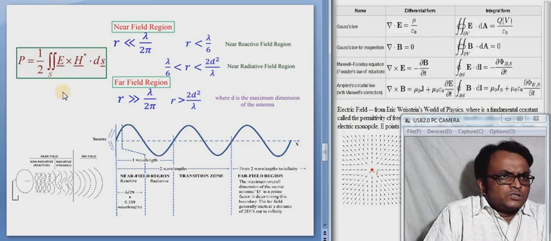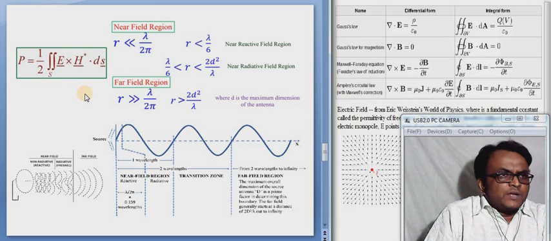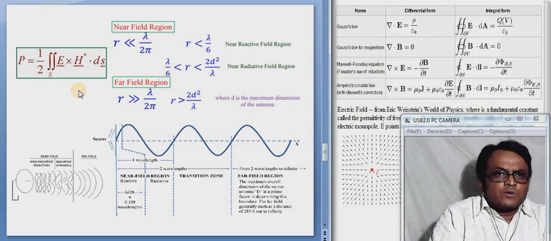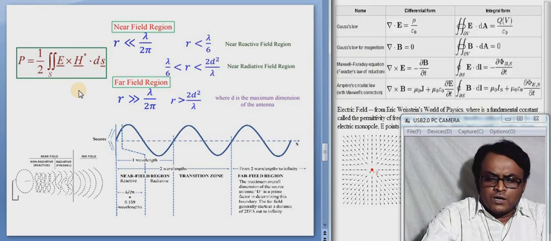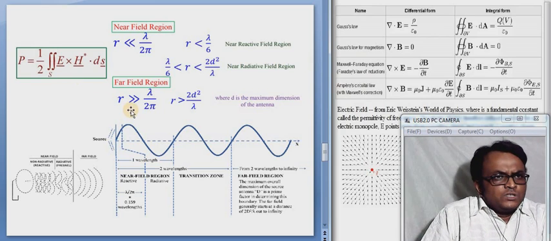If we consider the total power radiated by the antenna, it is the Poynting vector, the cross product E cross H, integrated over the surface, which gives the total field associated with these electromagnetic radiations. Now the question is how this electric field is going to be radiated.